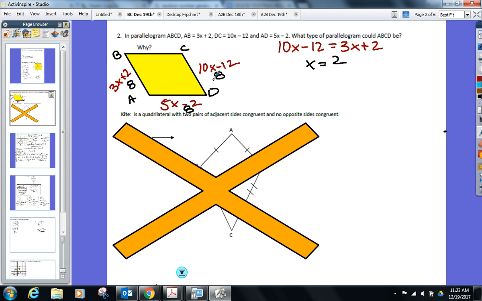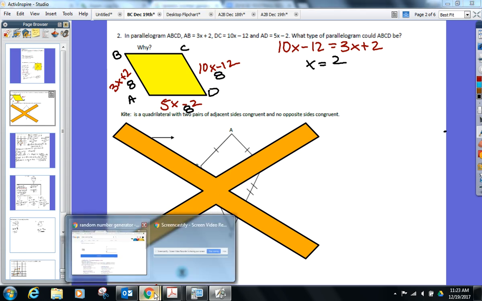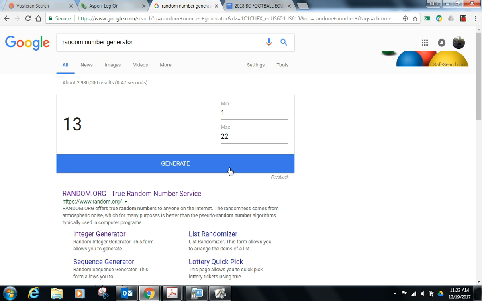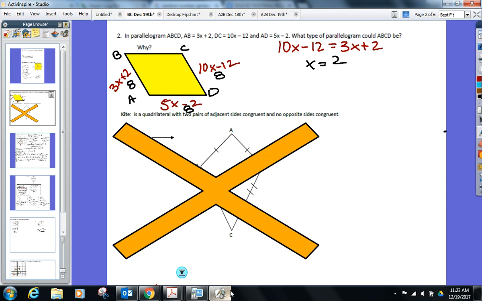Knowing that, what type of parallelogram is it? What type of parallelogram is it? Oh, wait. It's a parallelogram. I just found those 3 sides to be 8. So what type of parallelogram should it be?